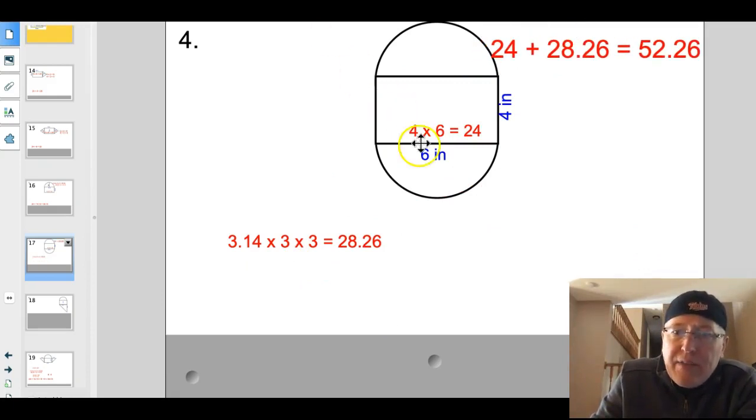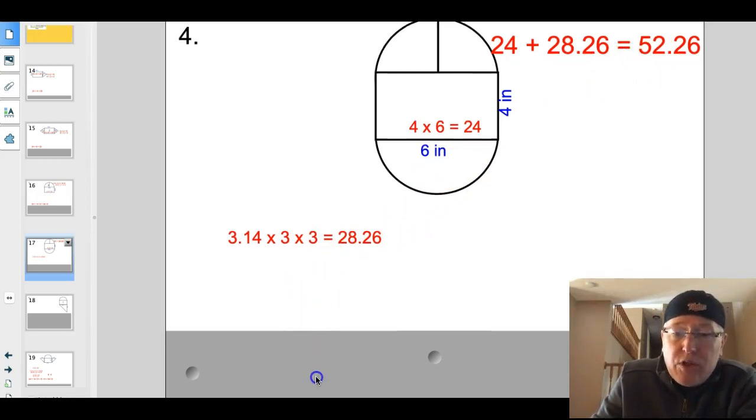So again, if this is 6 inches, that radius for both of these is 3. This time I pi r squared it and I got 28.26, and I didn't cut it in half because I have half a circle up here, and the other half of the circle is down here. So it's a full circle.